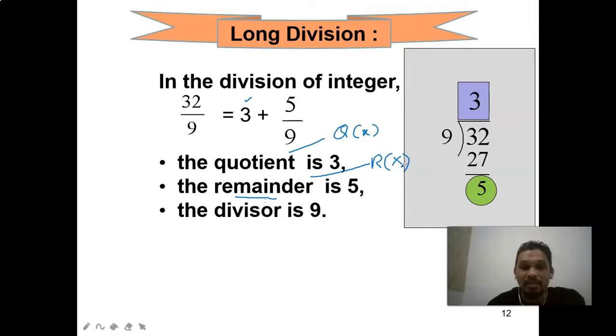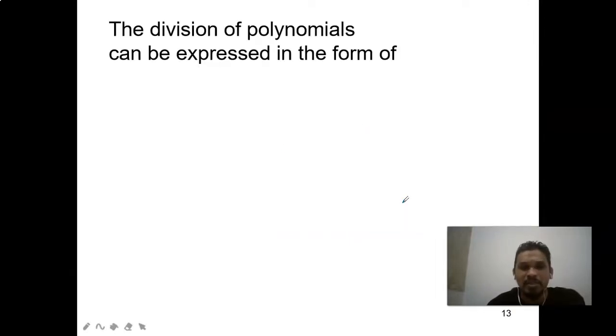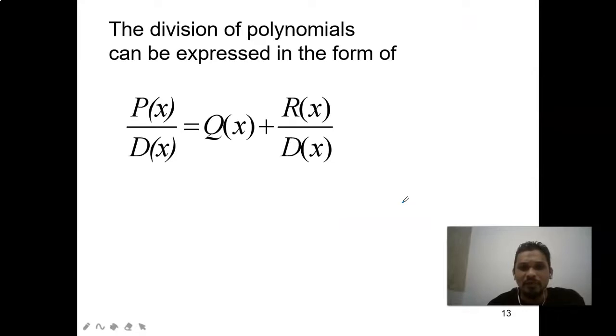So we note the remainder as r(x). The divisor is 9, so in 32 divided by 9 the divisor is 9, and we note this as d(x). So division of polynomials can be expressed in this form.